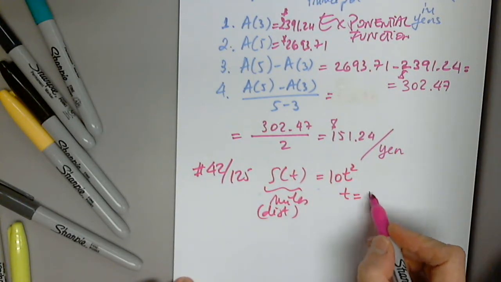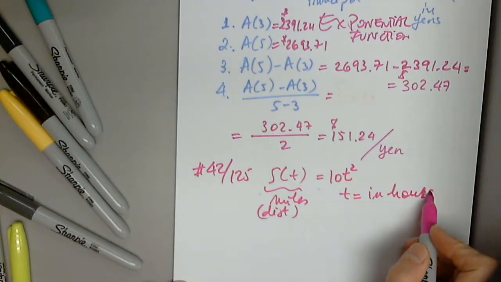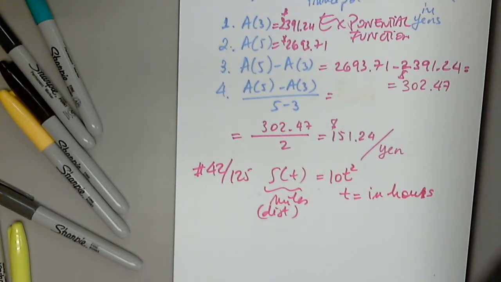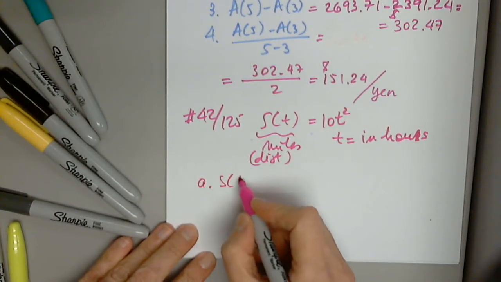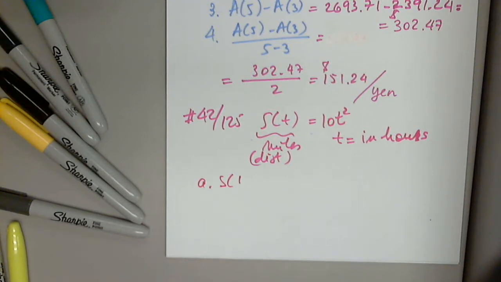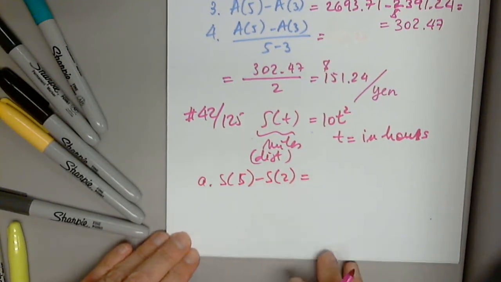So t is in hours. We're asked to find s of 5 minus s of 2, part A. S of 5 minus S of 2.